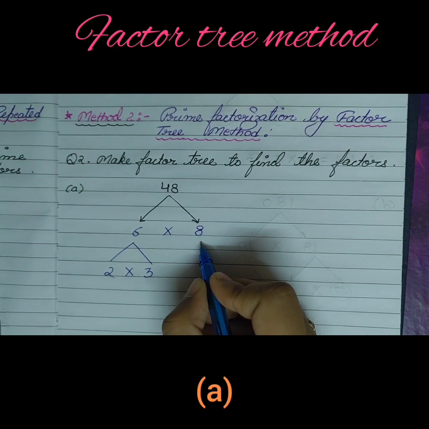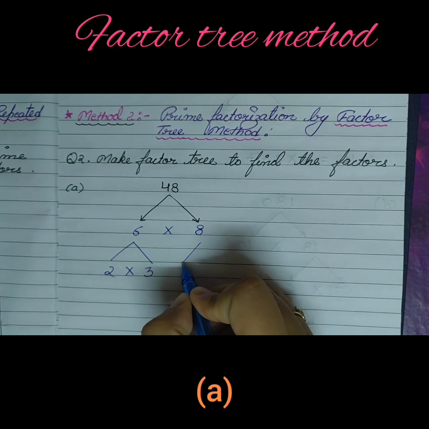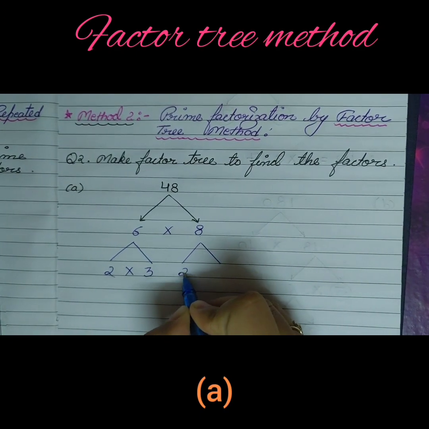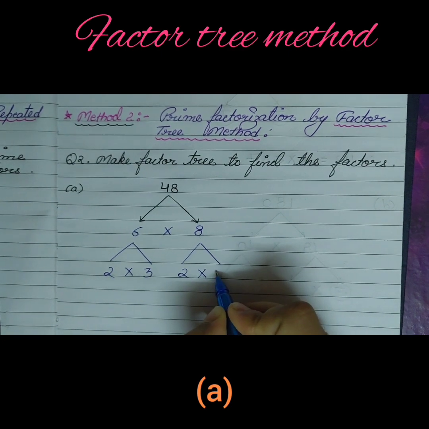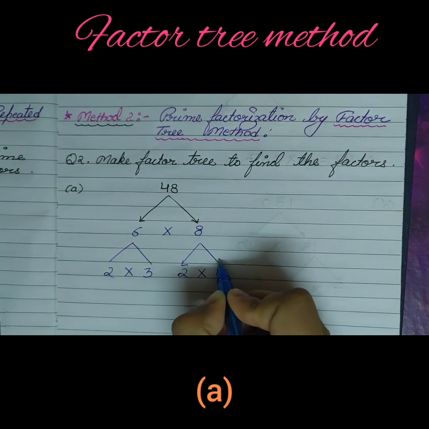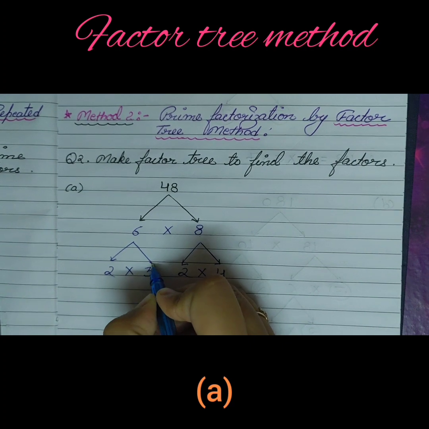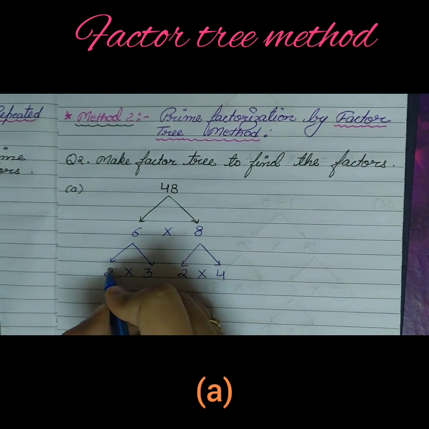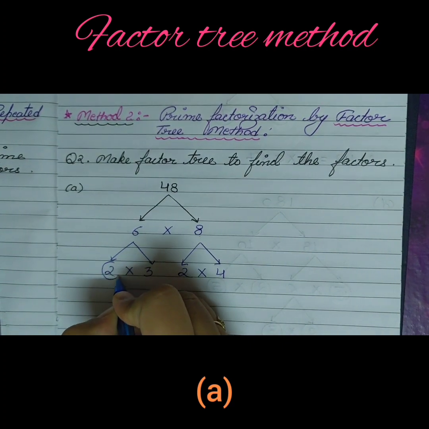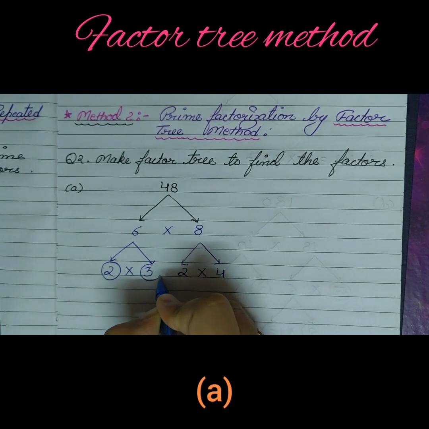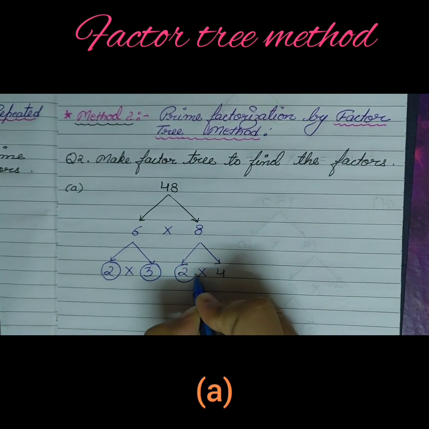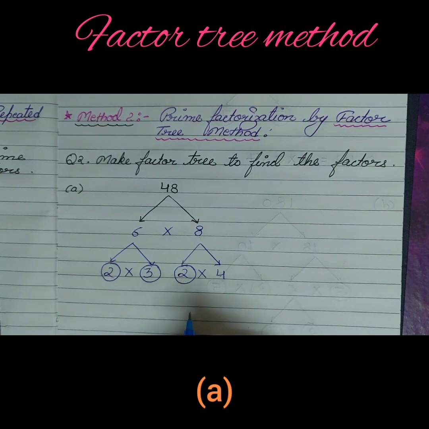And 8 can be written as 2 times 4. Now, here we get 3 prime numbers, that is 2, 3 and this 2 as factors.